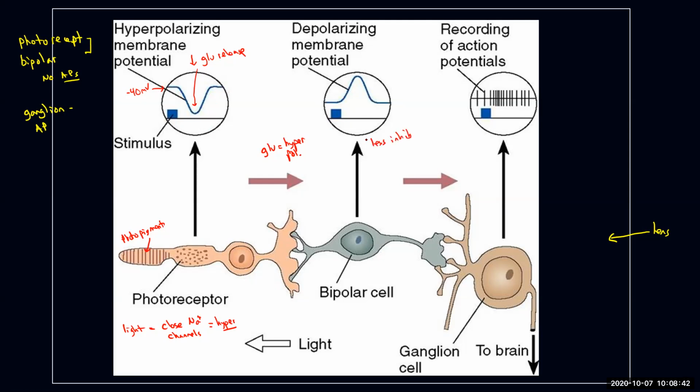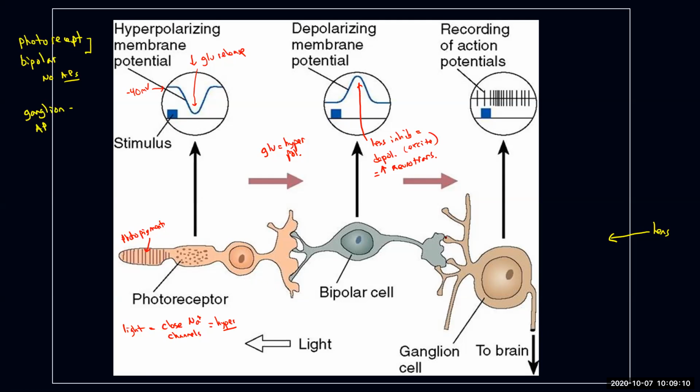Less inhibition equals depolarization or excitement. That is going to increase the neurotransmitter release.